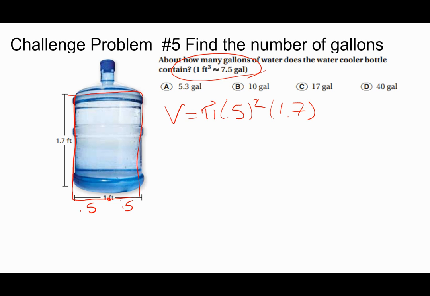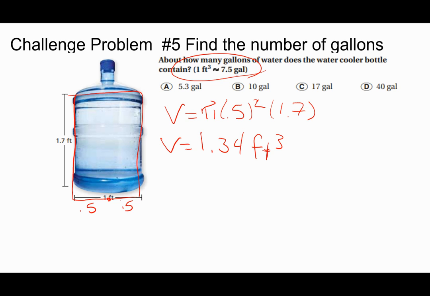So it's not super tall, maybe up to a little past my knee. We can plug all this in: 0.5 times 0.5 times 1.7 times pi gives us 1.34 cubic feet.